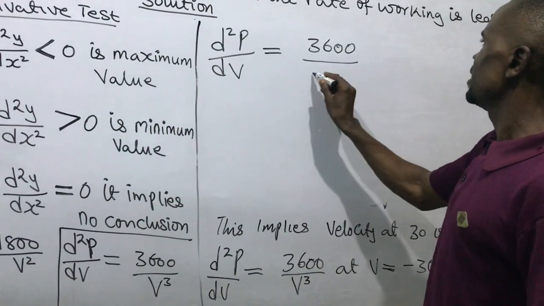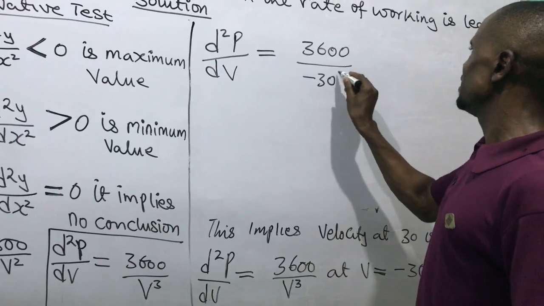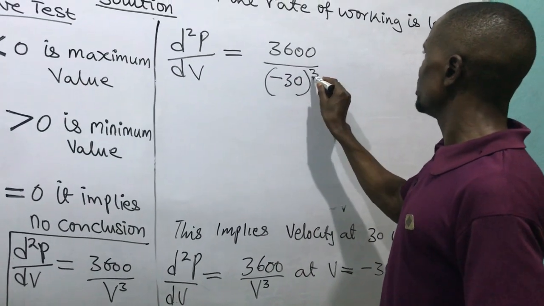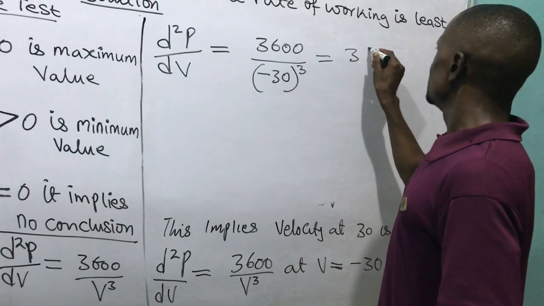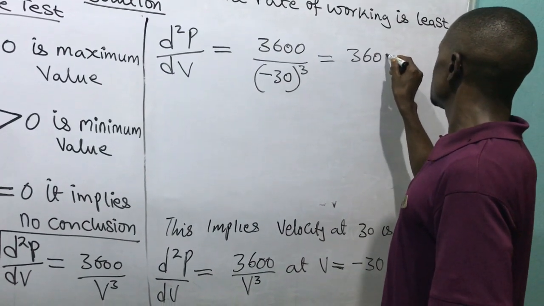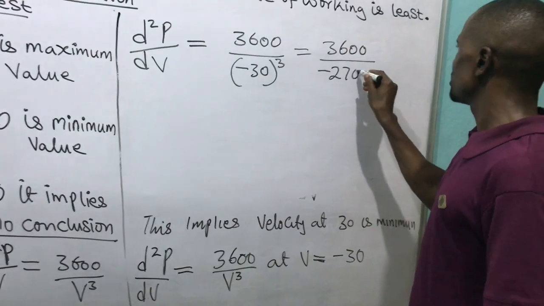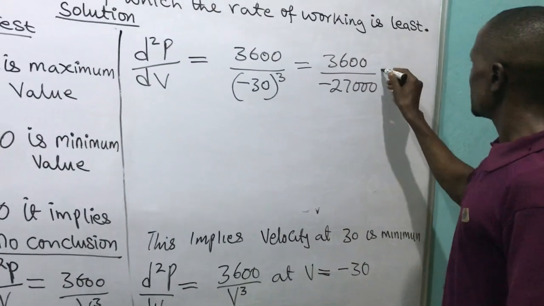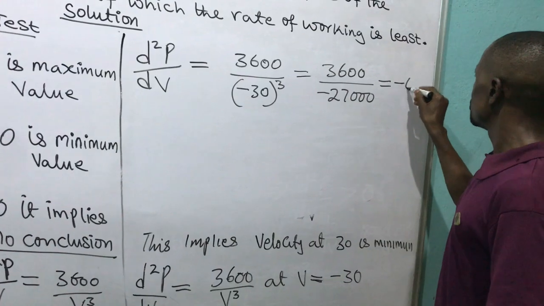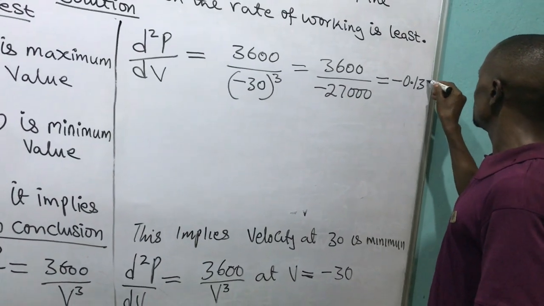3600 all over minus 30 all raised to power 3. That gives me 3600 all over minus 27000, and that will give me minus 0.133.